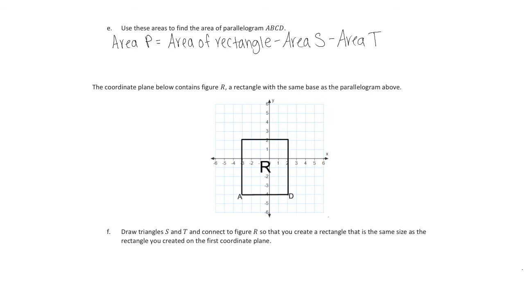So we know that the total area of our rectangle was 48, and then we're going to subtract the area of our triangles. The area of S was 9, minus the area of T, which was 9. So 48 minus 9 is 39, minus 9 gives me 30. So now I know that my parallelogram is 30 square units.